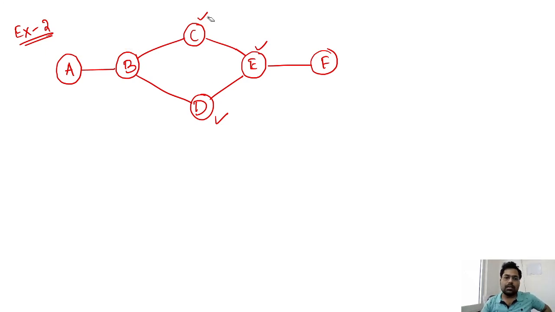Or you can say if the length is even while creating the cycle, an even length cycle, then we can find it. Odd length we cannot. The length is the number of vertices responsible for creating the cycle; if even, then we can find it.